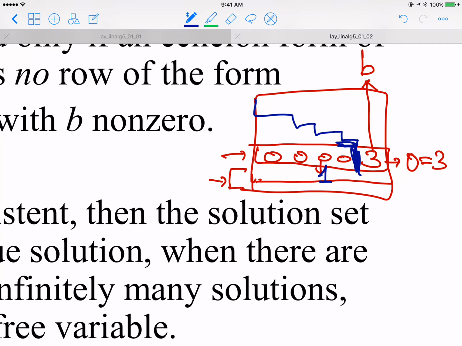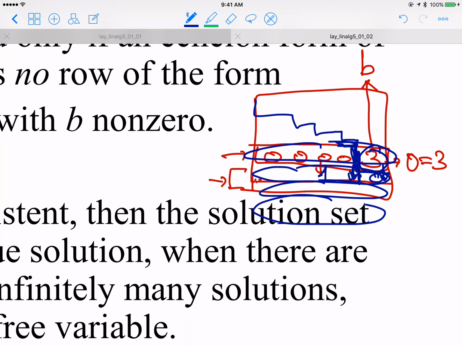So you can either go to the right or go up, but you cannot go down, because we have to see 0, since we cannot step up 2 levels higher. So this one should be the pivot, and the entries below it should all be 0. That means all the rows below this row should be 0 rows.